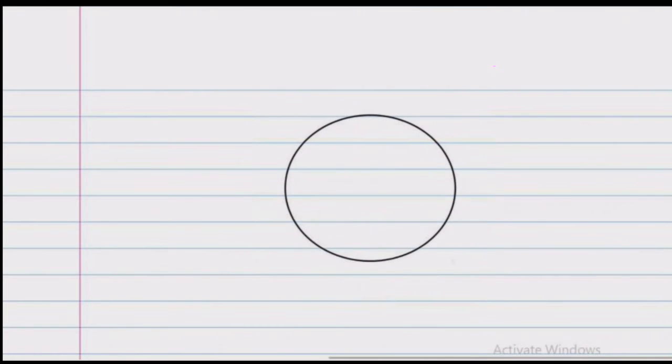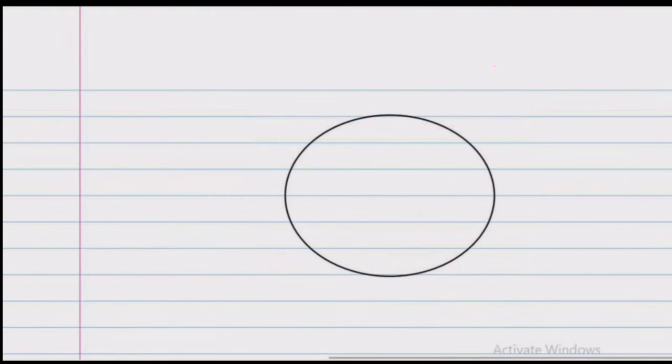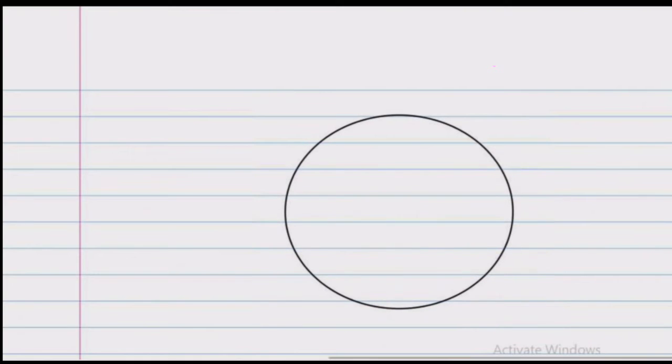Now, theorem number 4 basically talks about angles in the same segment. Let's say, for instance, I have an arc.